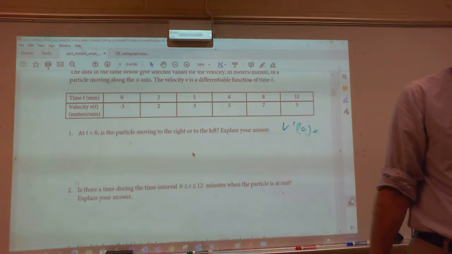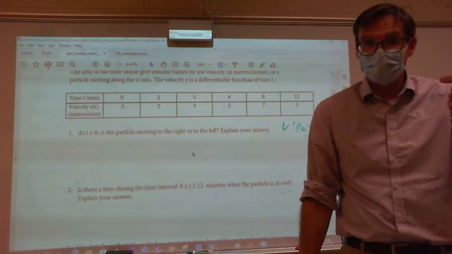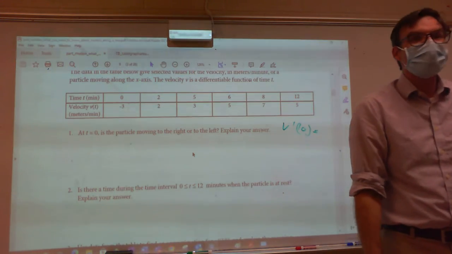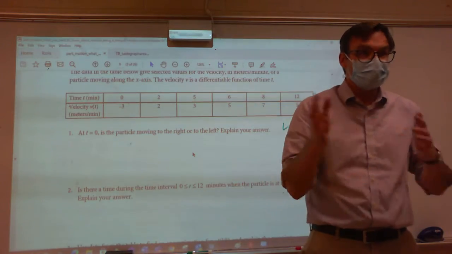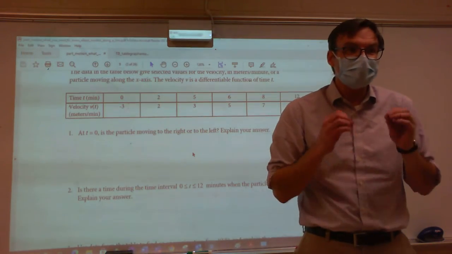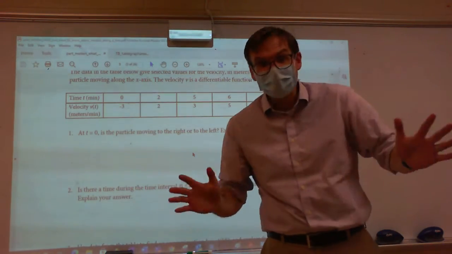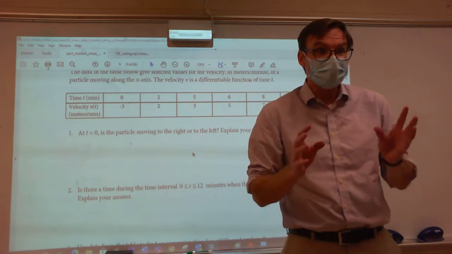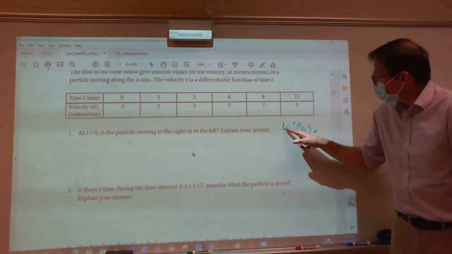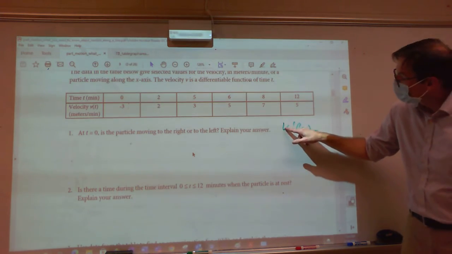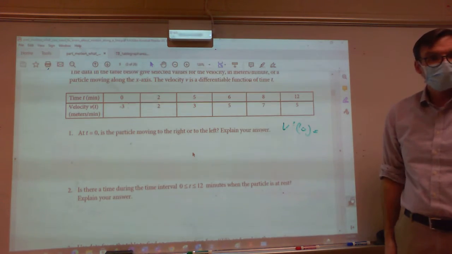Slope. Can everybody okay with that? Anytime someone says derivative, right? Now, granted, if it's like x equals and find the derivative, you just take the derivative. But anytime they give you something that's not a function and they say derivative, you think slope. And so if I'm looking for V prime, I'm looking for the slope of V at 10.